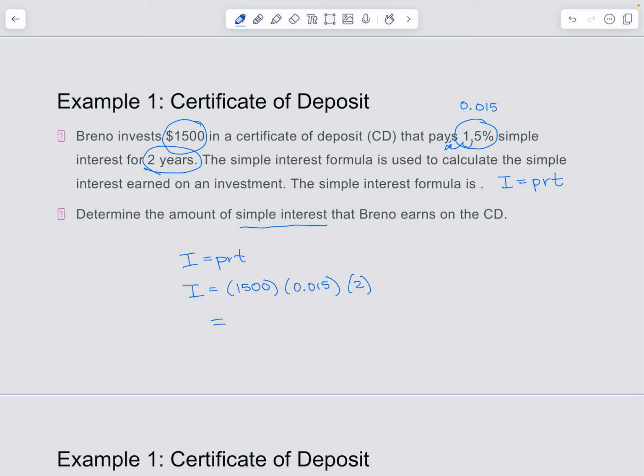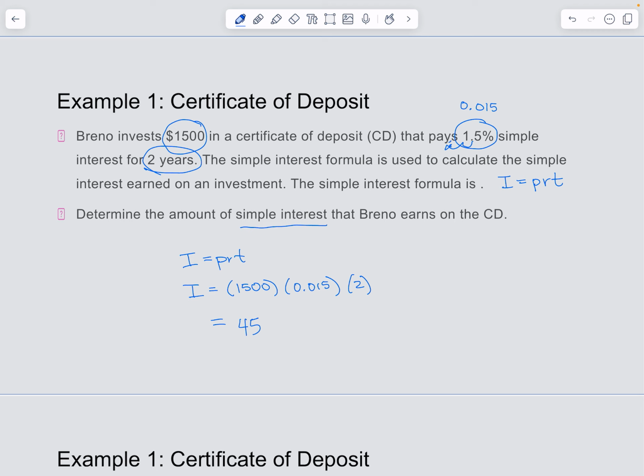Okay, now we multiply all of these things. So we'll have 1,500 times 0.015 times 2, and we get out 45. Now, because they gave this question to us in sentences, we should answer with a sentence.